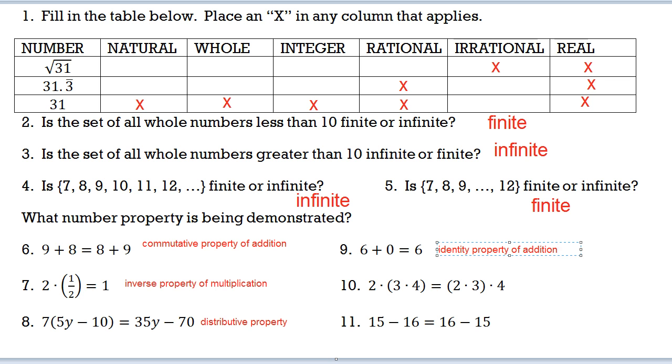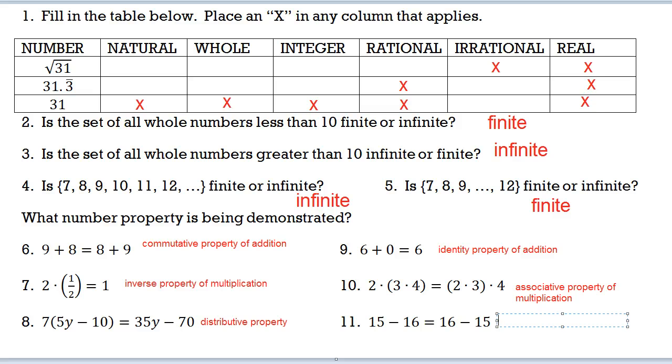If you were doing the identity property of multiplication, then instead of adding 0, you would multiply by 1, because then you would get to keep the number exactly the same. All right, next, I see grouping symbols. Who you group with is who you associate with. All right, there you go. Associative property of multiplication.